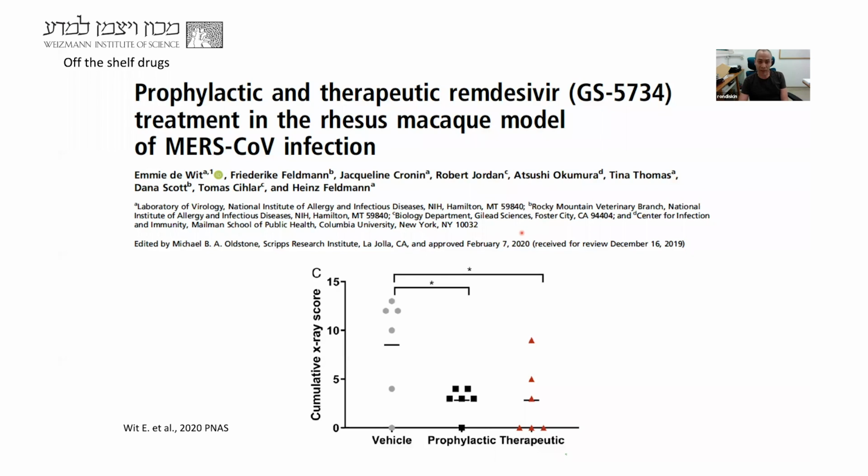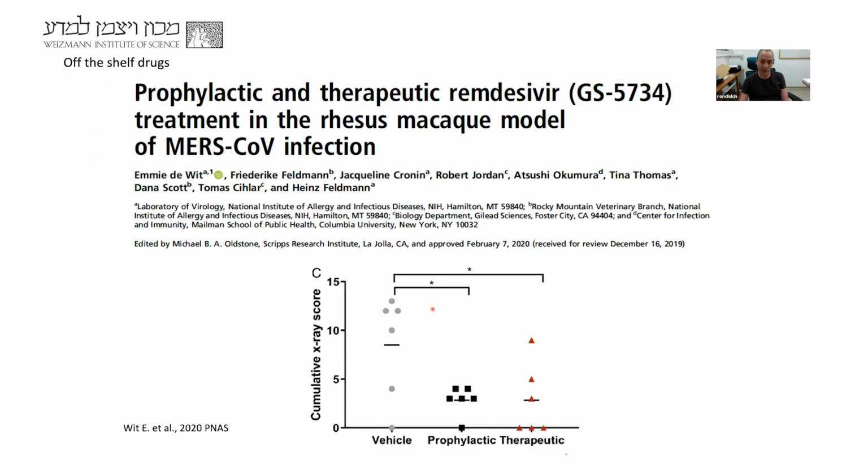And this is a paper that is summarizing a long research that was done in non-human primates, in which this particular drug, remdesivir, was tested against MERS. MERS is the Middle East Respiratory Syndrome virus, very similar to the virus that we are now facing.